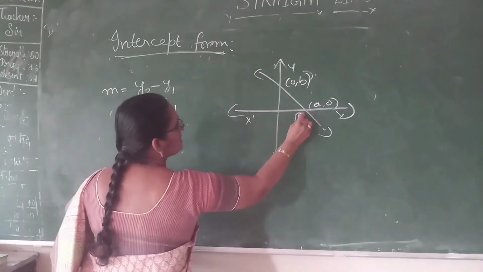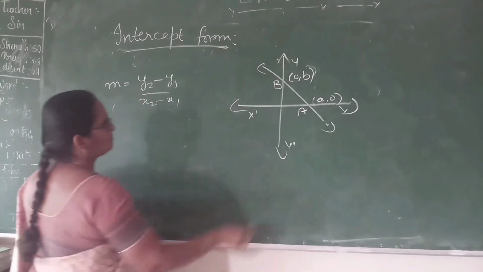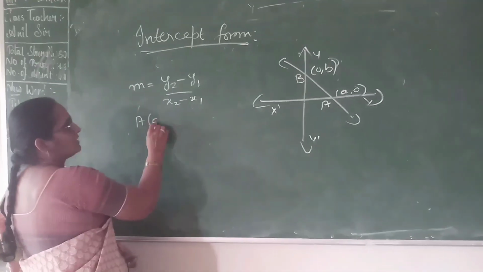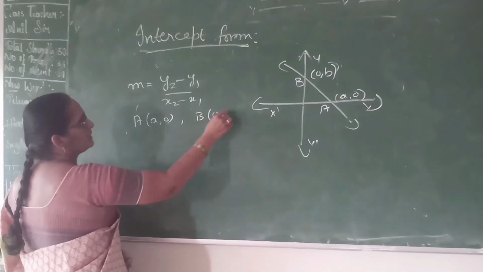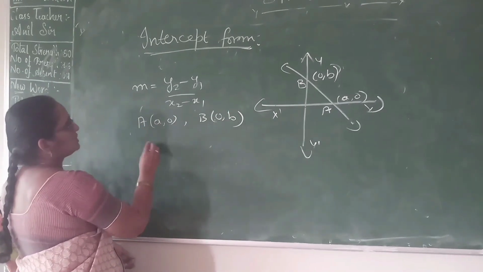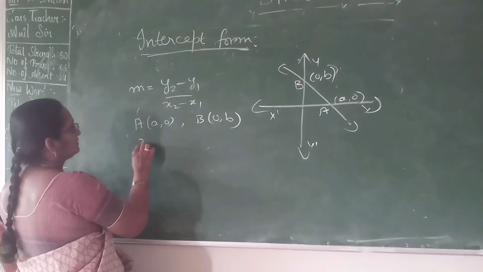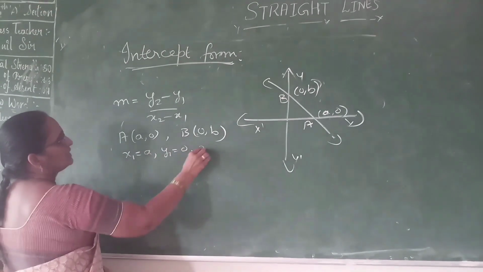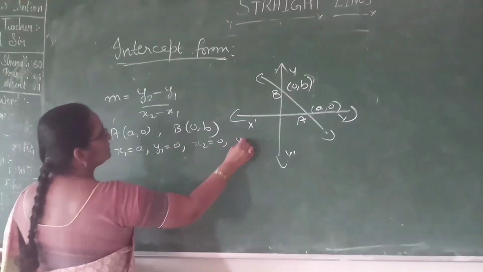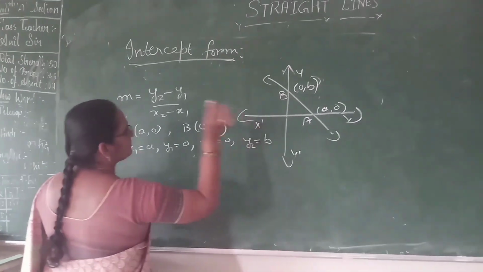Let this be point A, let this be point B. So A is a comma 0 and B is 0 comma b. You substitute here: x1 is equal to a, y1 equal to 0, x2 is equal to 0, y2 is equal to b.